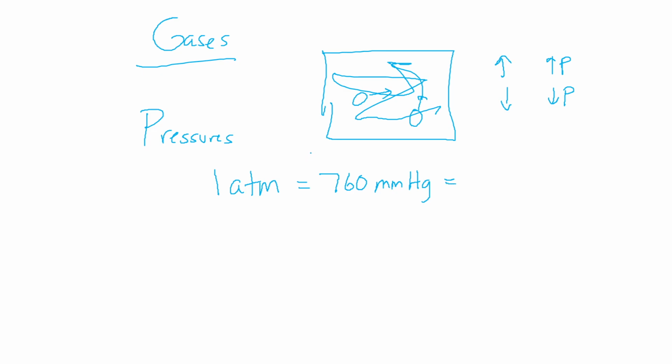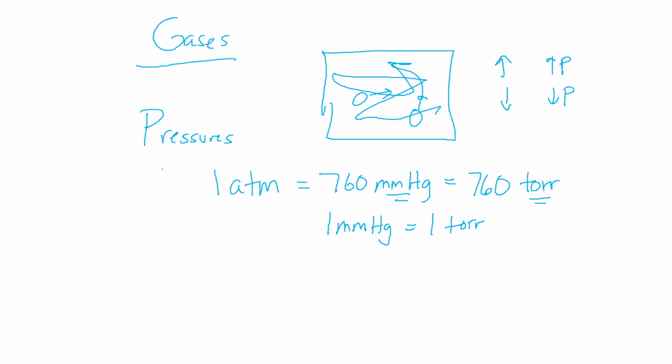Maybe still made out of that as well. Also equals 760 torr. Torr named after the guy who invented the barometer, which measures atmospheric pressure. A millimeter of mercury is equal to 1 torr, so it is a 1-to-1 relationship between those two guys.